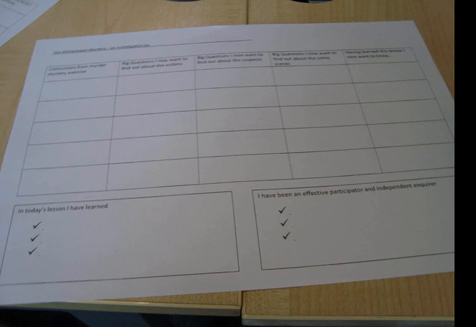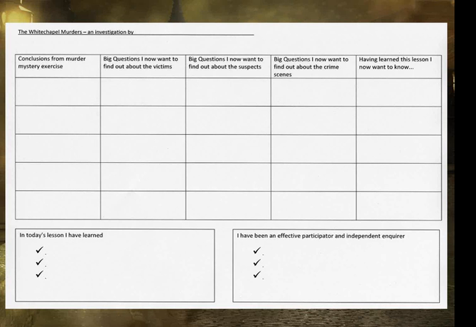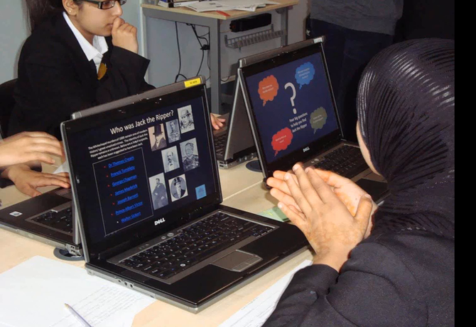But then, this is the interesting bit. This is where it's pushed now into an inquiry. They then were asked to consider the questions arising now from their interest in Jack the Ripper and the Whitechapel murders, the questions that they now wanted to find out more about, to do with the victims, the suspects, the crime scenes, and they created their own learning agenda, which they pursued through an inquiry using resources that were online.